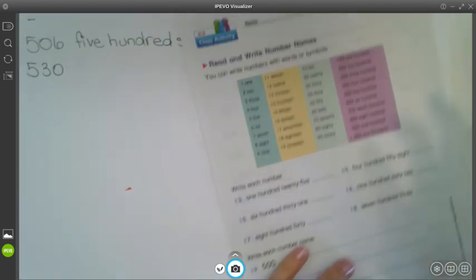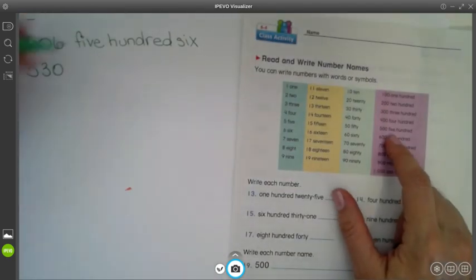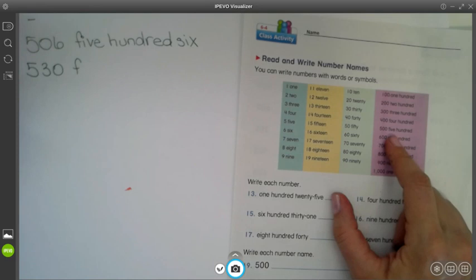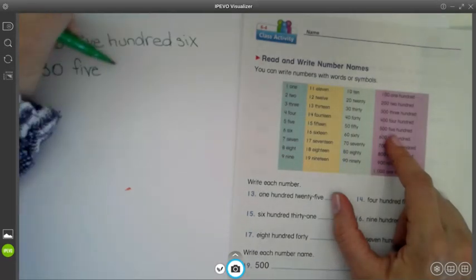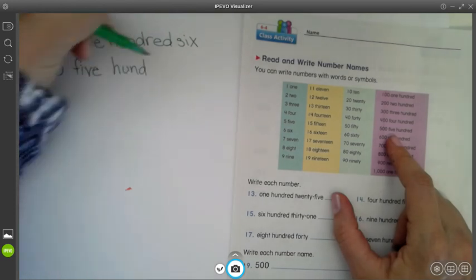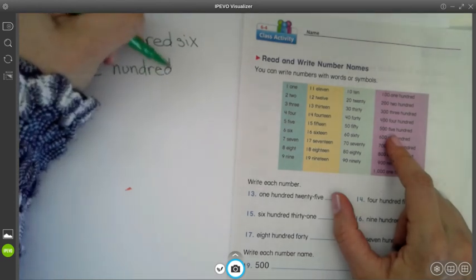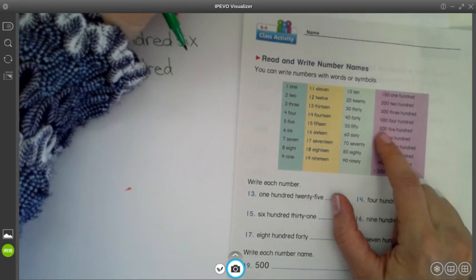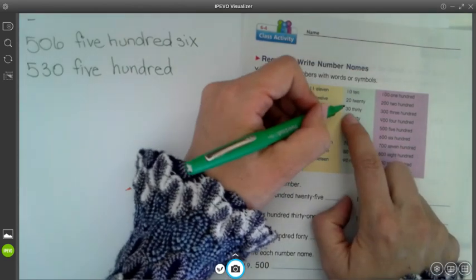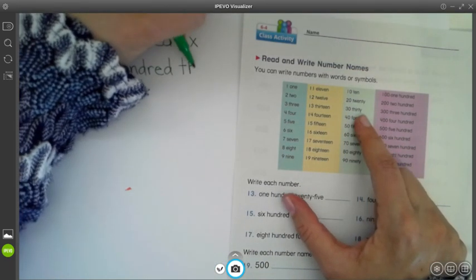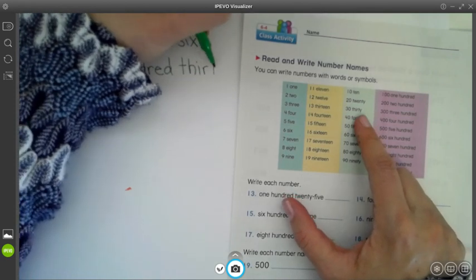I can look at my 500 to help me with this word, especially if I haven't had time to practice and test myself with it. 530. And I can find my 30 here. 30. Okay, spelling counts on these.